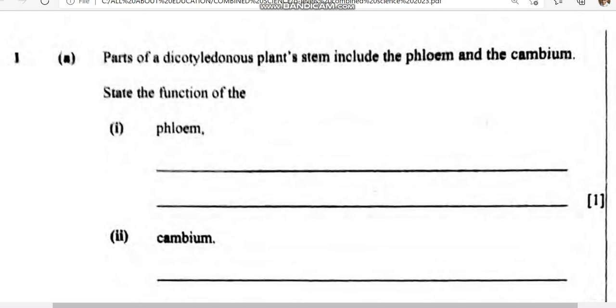As we all know, phloem is there to transport food. So phloem is very important to transport food. This is the function of phloem.